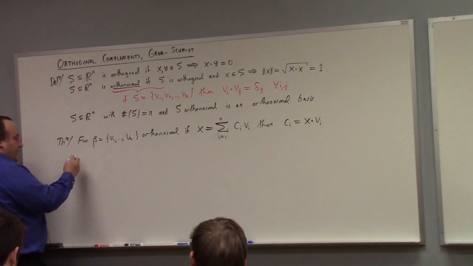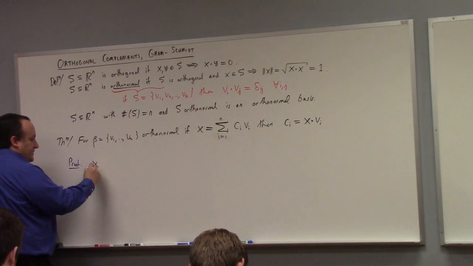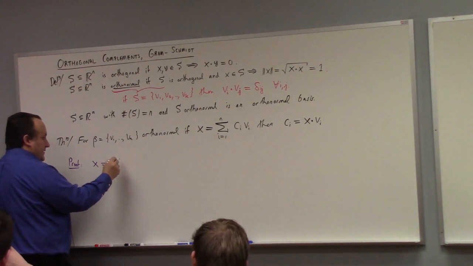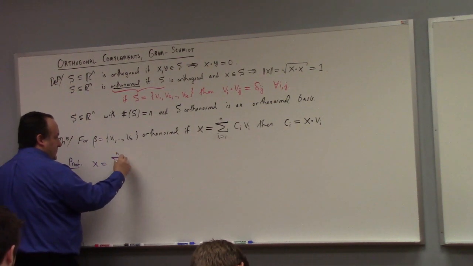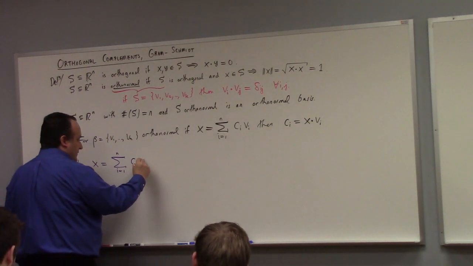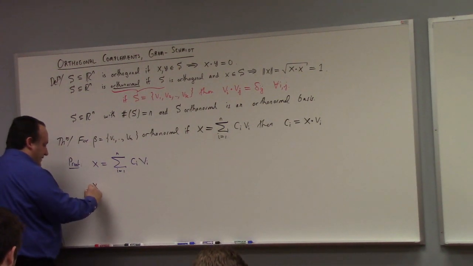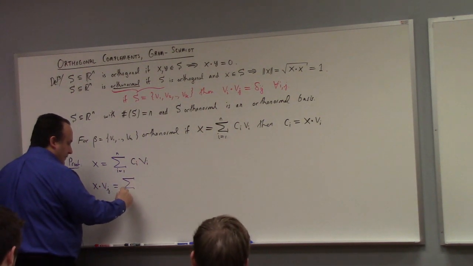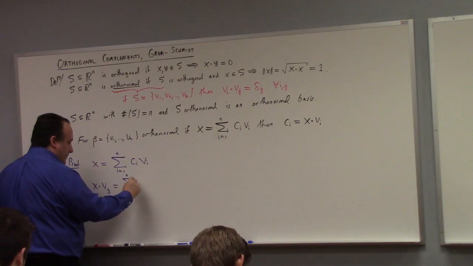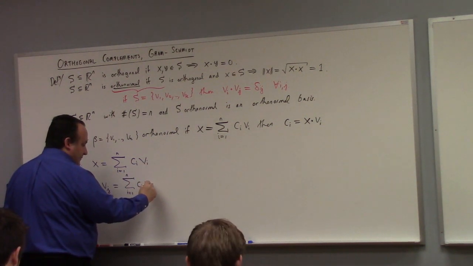So, the proof looks like this. If we have x is equal to a sum i equals 1 to n of ci vi, right? Then if we look at x dot vj, what do we get? We get vi dot with vj, right?